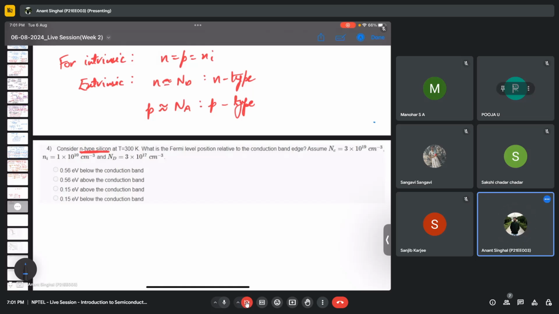Anyone tried? Any solution that you get? See, this time this is simple mathematics, so you should get some answer. I'm expecting some answers at least. Did you get any answers? Anyone?